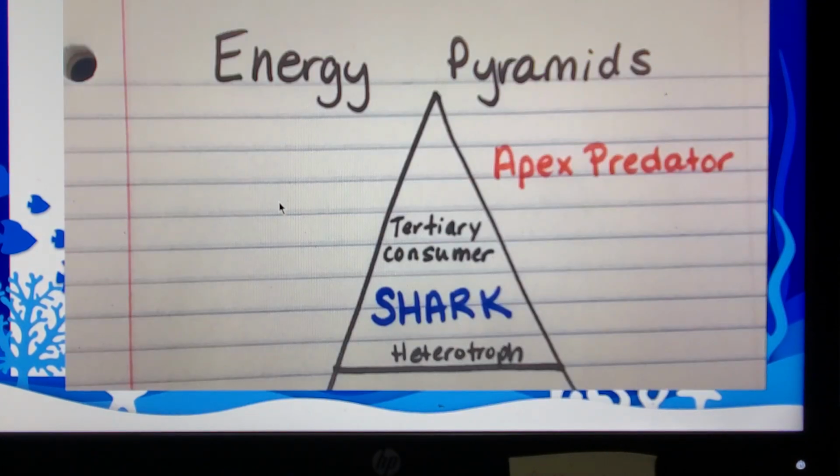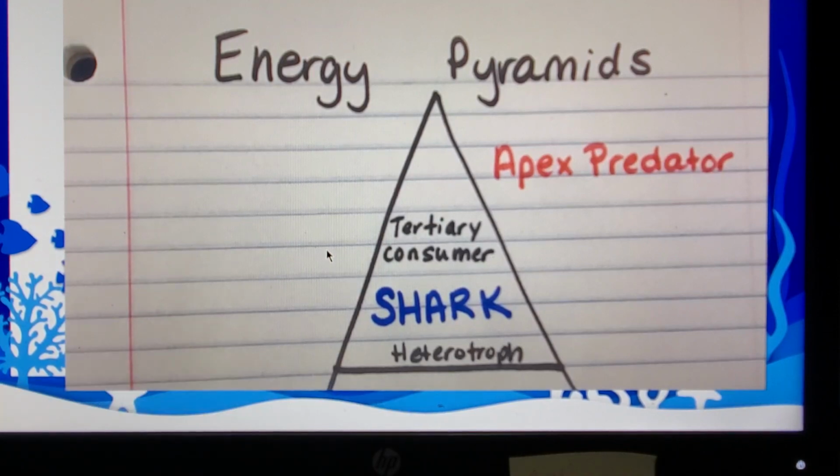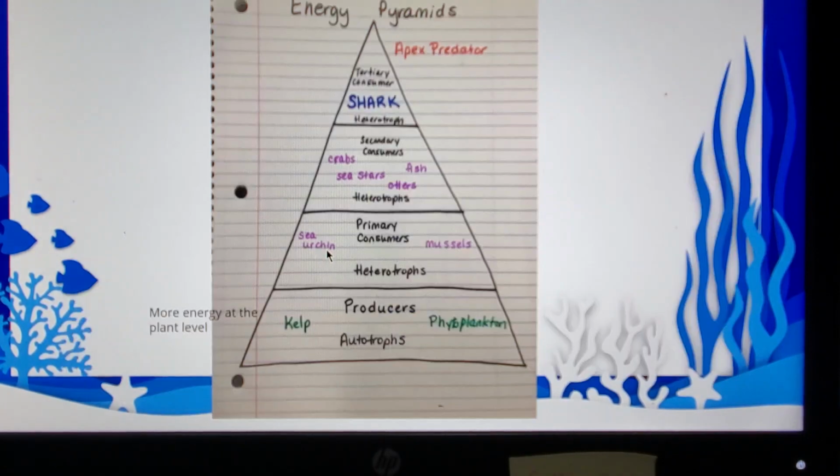And then at the very top, we have the shark. And this is the third consumer level. It's the tertiary consumer. And they're heterotrophs as well. They have to eat other organisms in order to survive.